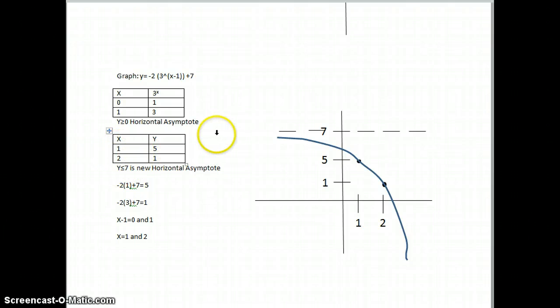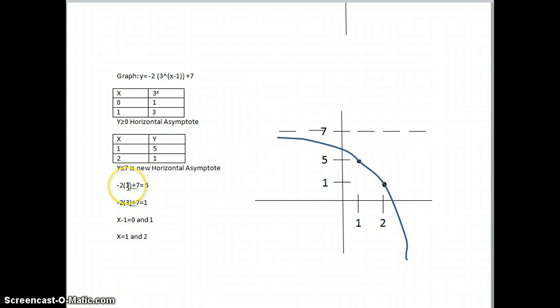Easy, right? Alright. Well, in order to get your new y's, all you're going to do is put your 1 and your 3 in for this whole thing right here. This whole 3 to the x minus 1. Don't just put it in for the x. Bad decision. Put it in for the whole thing. So that's what I did down here. I have negative 2, which is right here, times 1, which is this whole thing, plus 7.